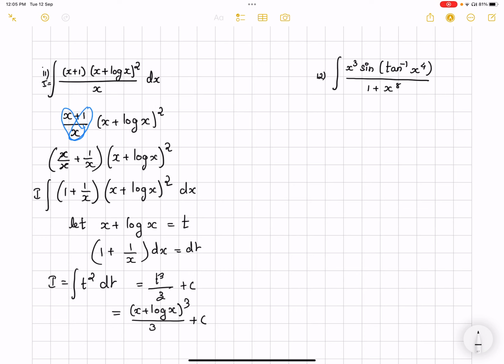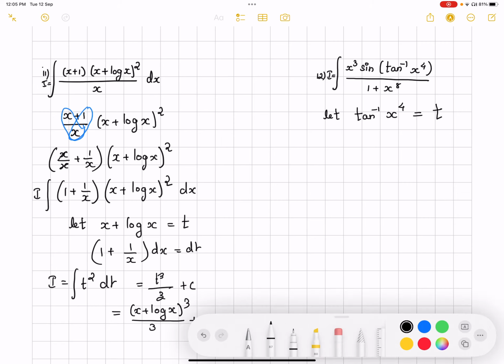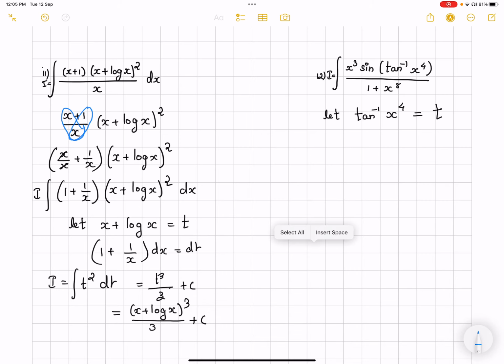I would be considering this as I is equal to. Now, let tan inverse x power 4 be equal to t. This is the substitution. And if you remember, I would have told you in the previous one, when we worked out the problems based on inverse function, the differentiation of tan inverse.